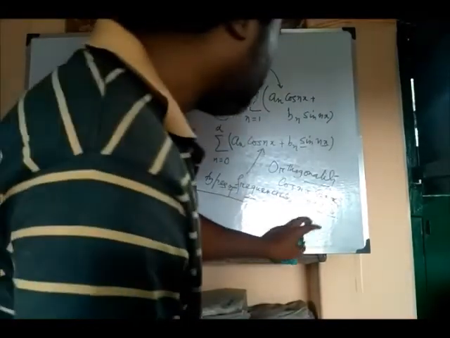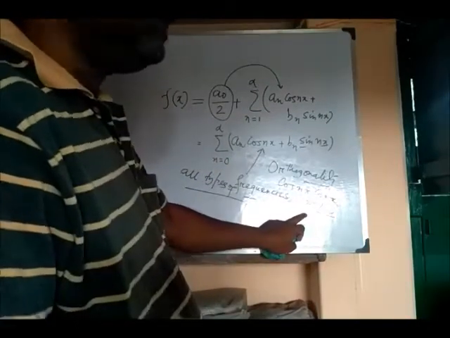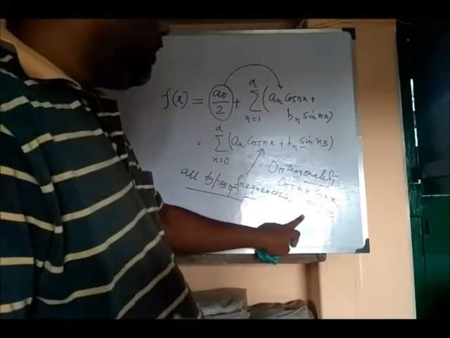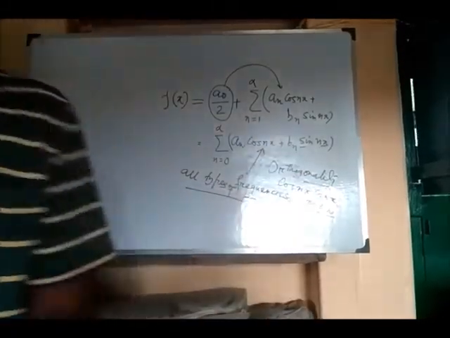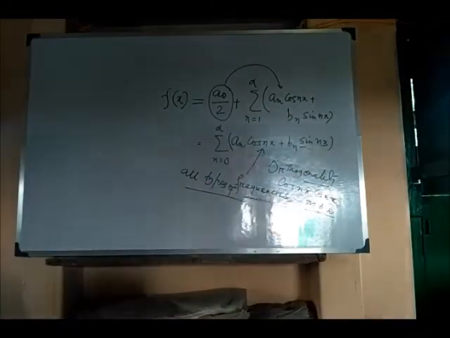So this orthogonality condition is ultimately responsible for determination of an and bn.